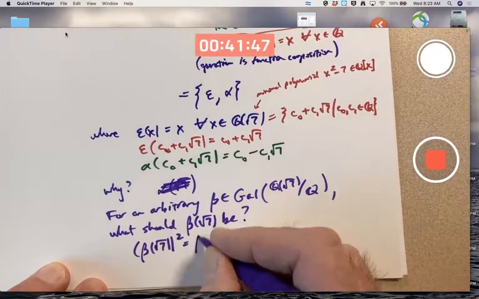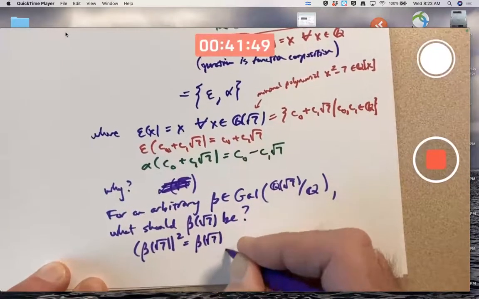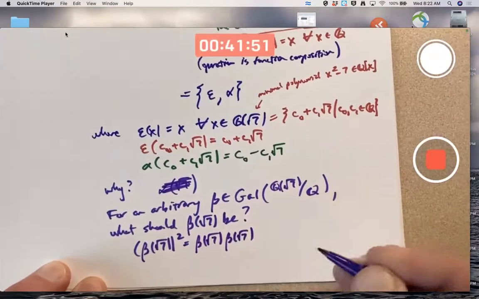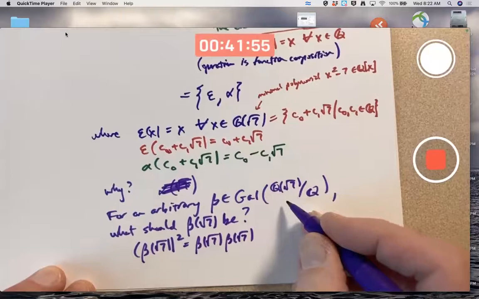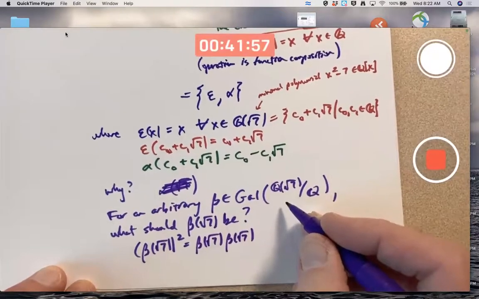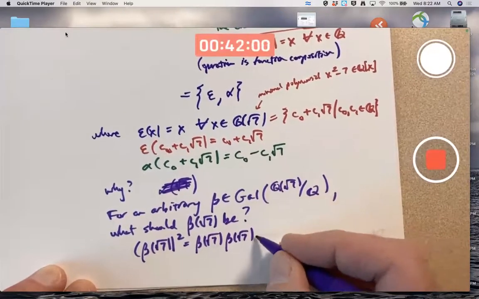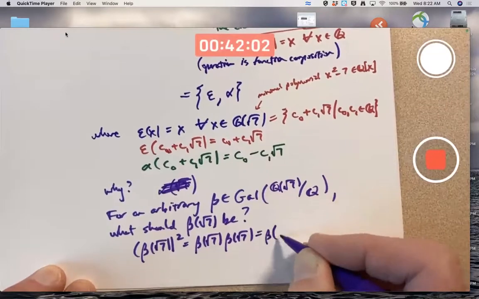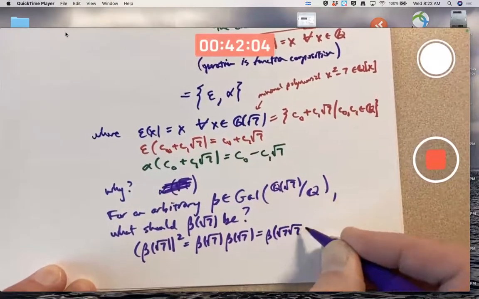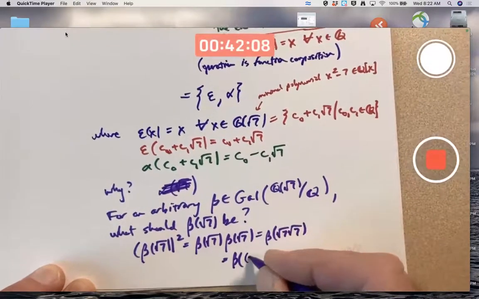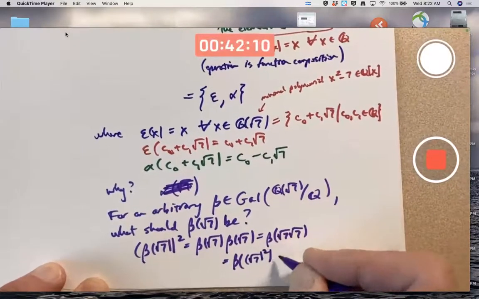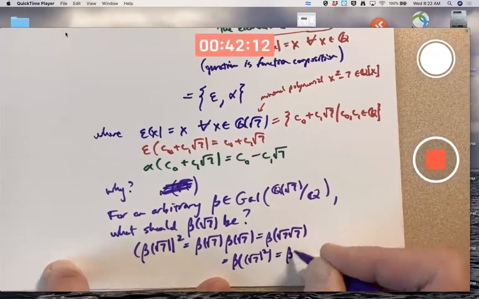In other words, I can think of this as beta of root 7 times beta of root 7. And since beta is an automorphism of Q adjoin root 7, it's operation preserving. This should be the same as beta of root 7 times root 7. In other words, this should be the same as beta of root 7 squared. In other words, it should be the same as beta of 7.